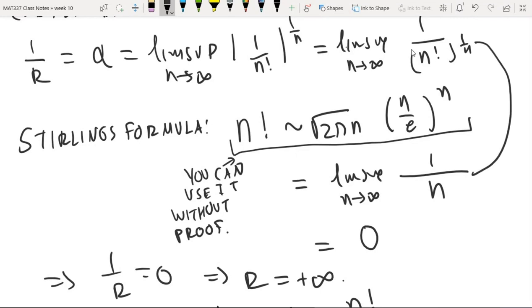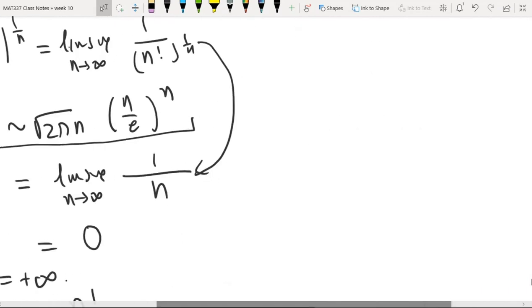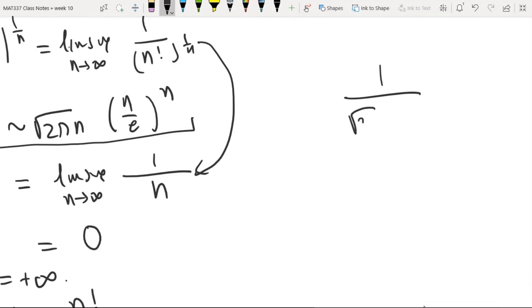And if your question is how we go from here to here, let me do it on the side. So plug everything in. What do we have? We have (2 pi n over e)^n, and then 1 over n.